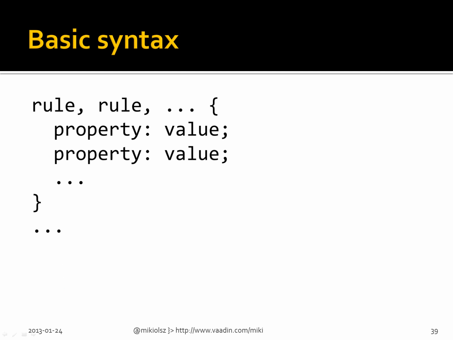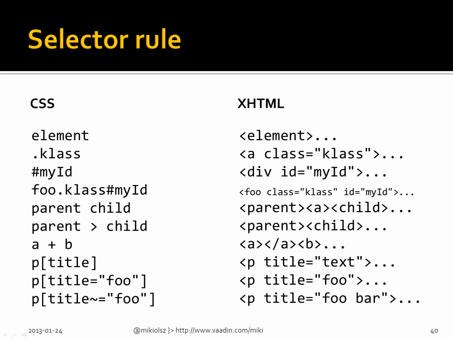A basic syntax of a CSS document looks like this. The rules are as follows, most of them at least, or the most important ones. So we can select an element, we can select a class of an element or an ID of an element. Of course, we can combine that so we can have a class and ID. There is a support for parent and child relationship, for neighboring elements.